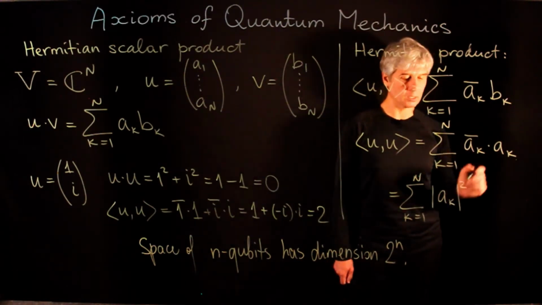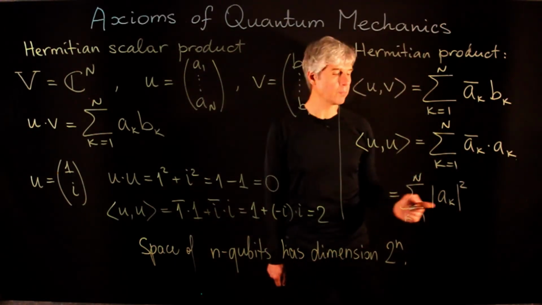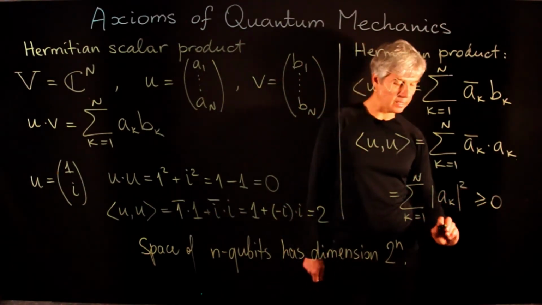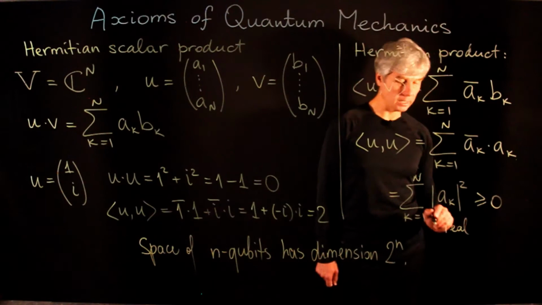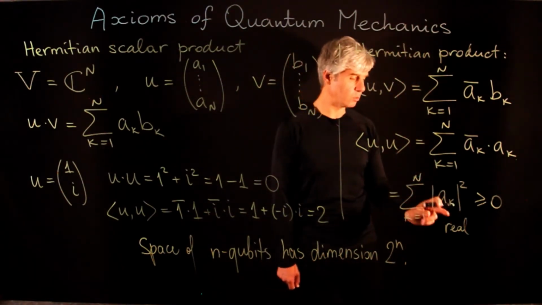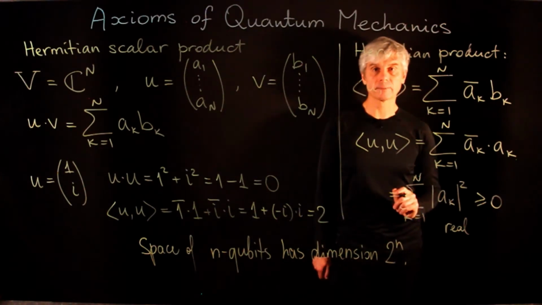So this is equal to the square of the complex norm of a_k. And so what we see is that it is real, first of all, right? So the Hermitian scalar product of a vector with itself is going to be real and non-negative.